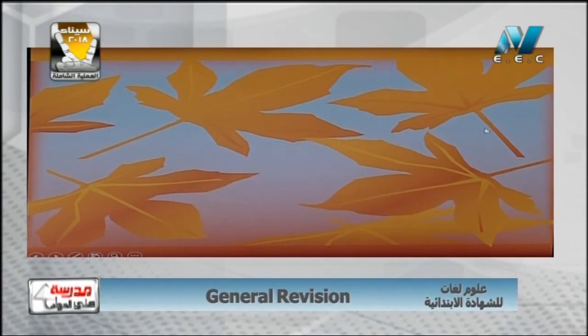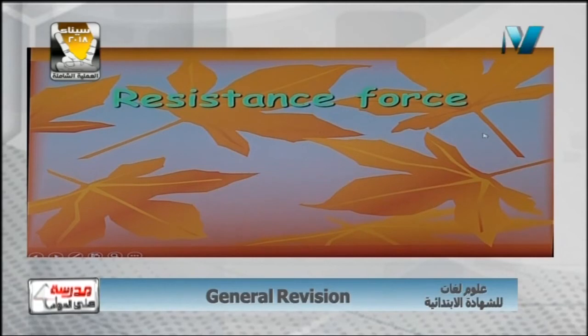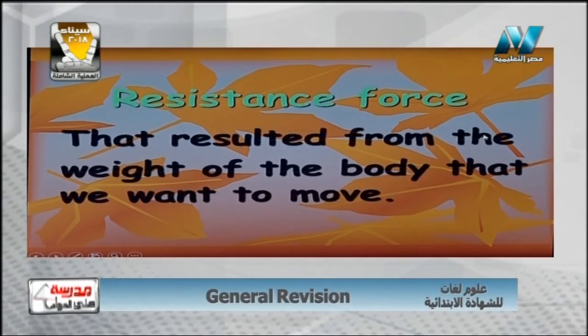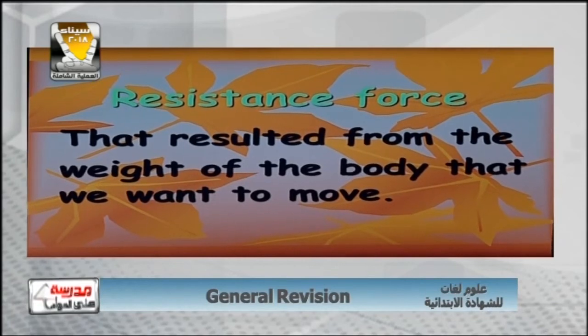Okay. Resistance force is that which resulted from the weight of the body that we want to move. So dear students, here we have three main points or positions in the lever: fulcrum, resistance force, and effort force.